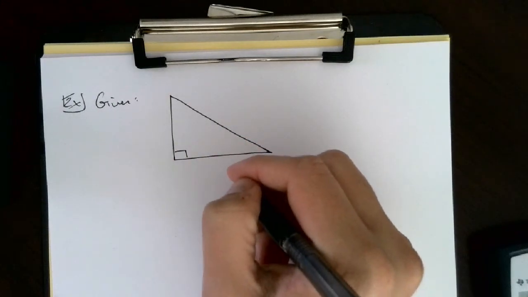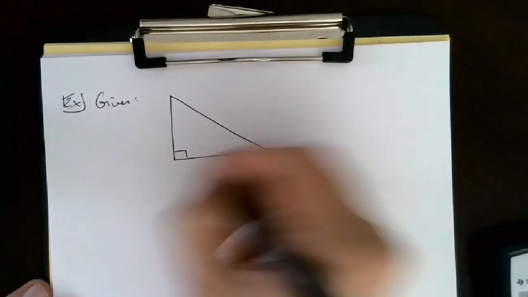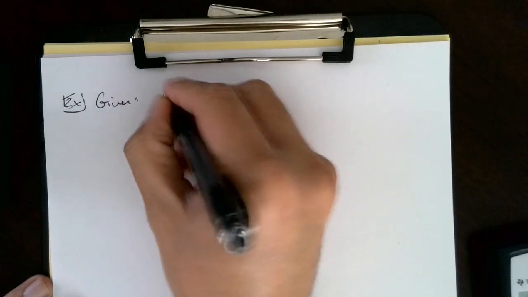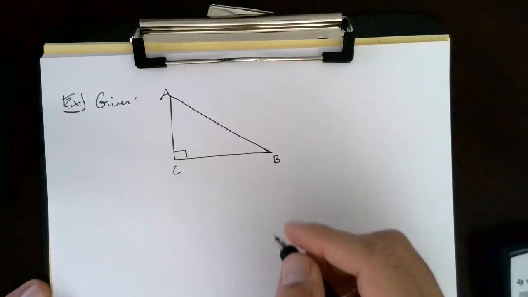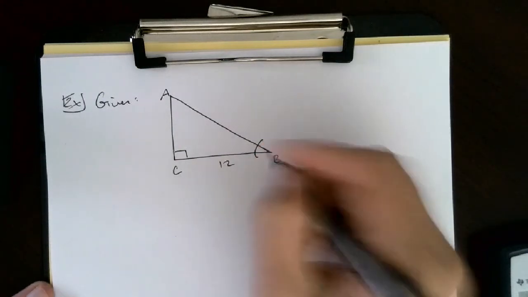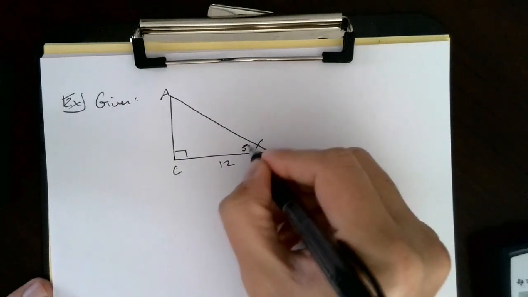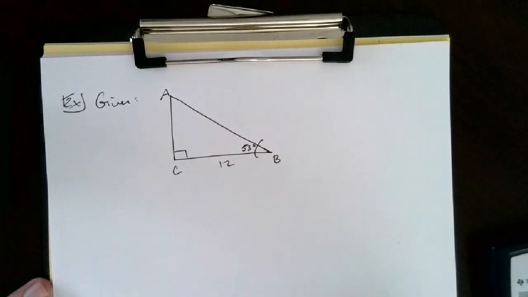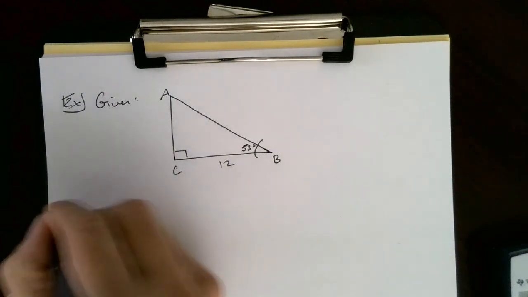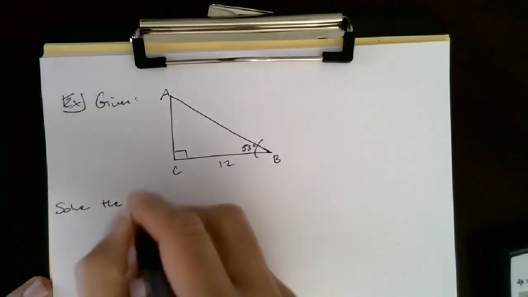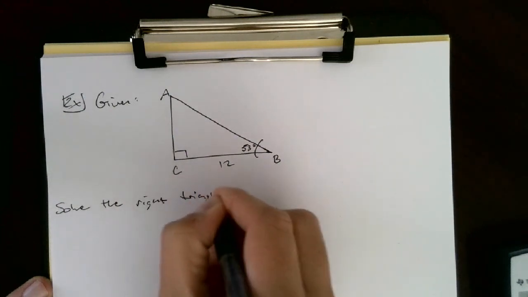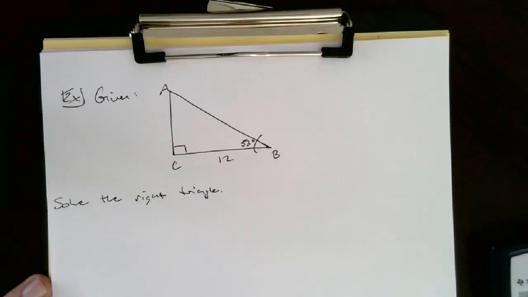I'm going to say that this is C, this is B, this is A. Not necessarily drawn to scale. Say the side is 12. This angle here, angle B, is 53 degrees. And I'm just going to leave it at that and say solve the right triangle. So I want you to pause, take this down, and try it on your own.